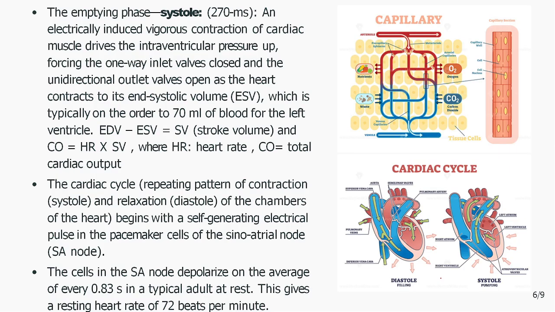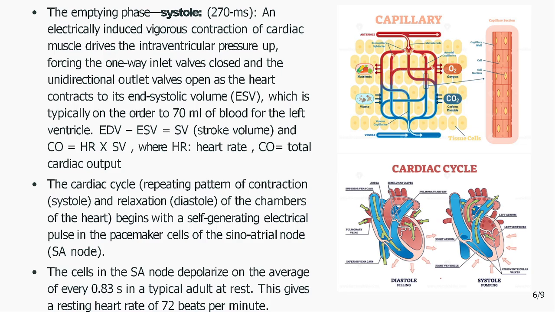And now from that we can calculate the total cardiac output, CO. The formula is: cardiac output equals heart rate times stroke volume.